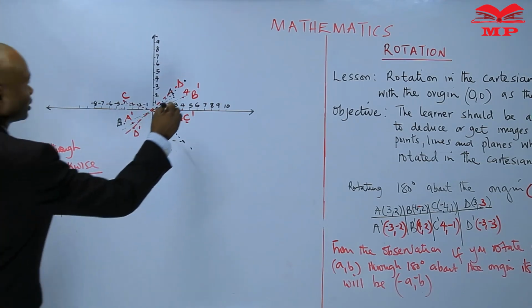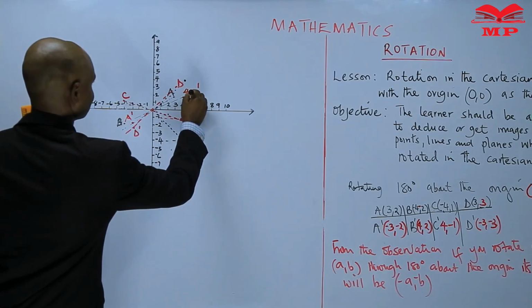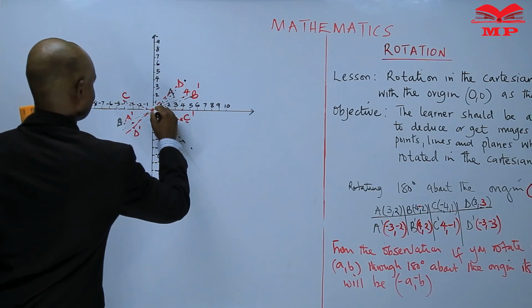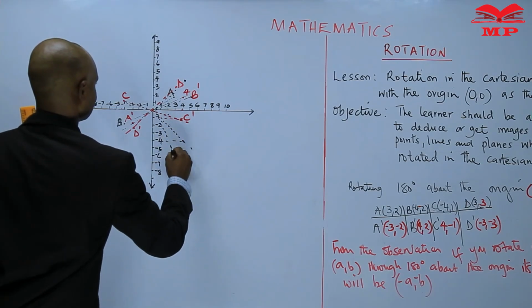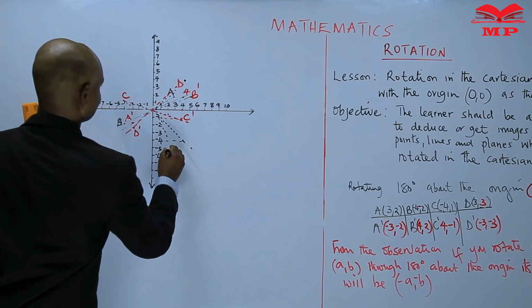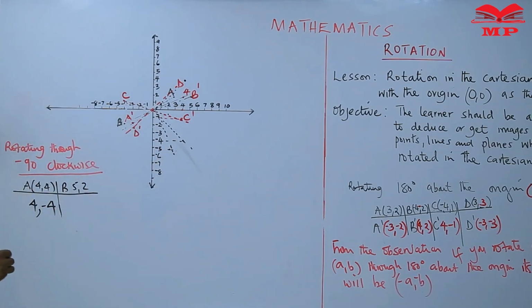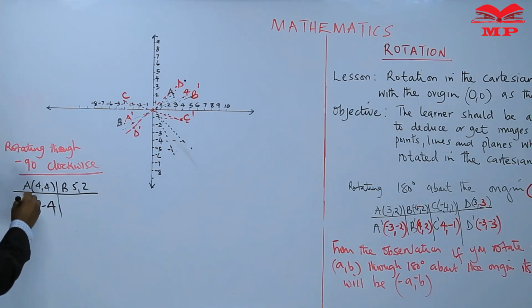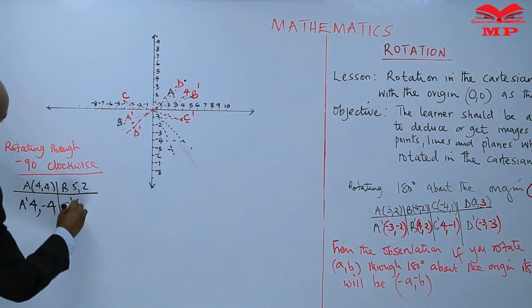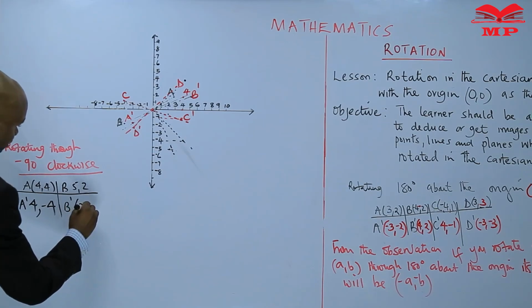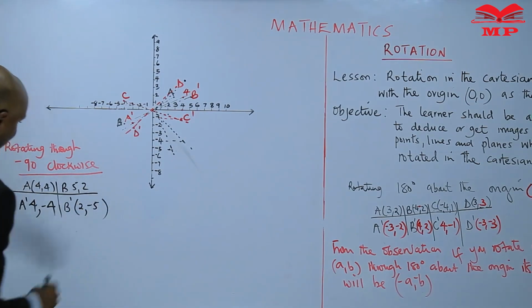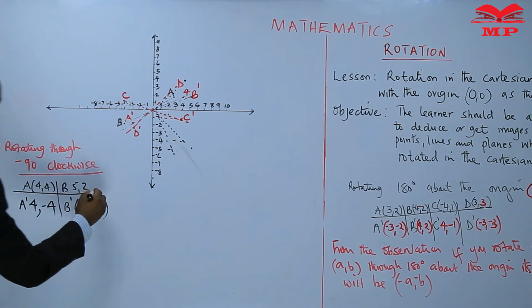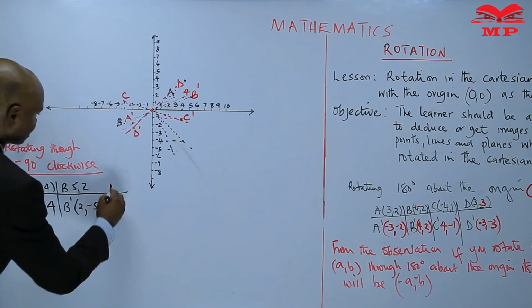5, 2 is here. You join, you'll also have a right angle. You'll come and have 2, -5. So this is A prime, and B prime will become 2, -5. We can look at a third one to make the best conclusion.